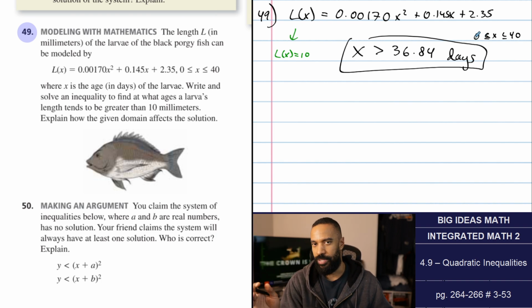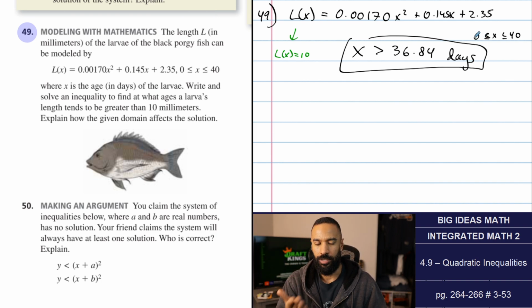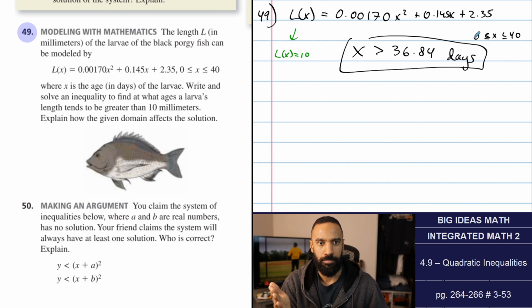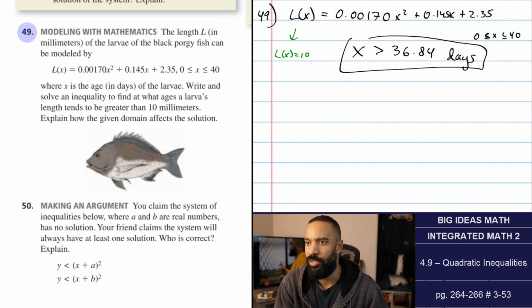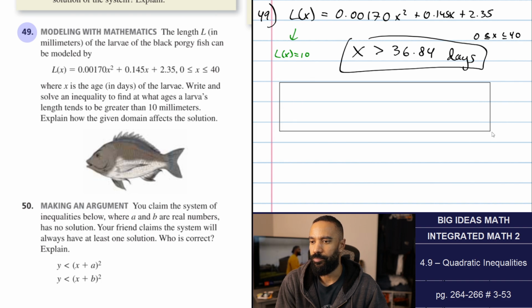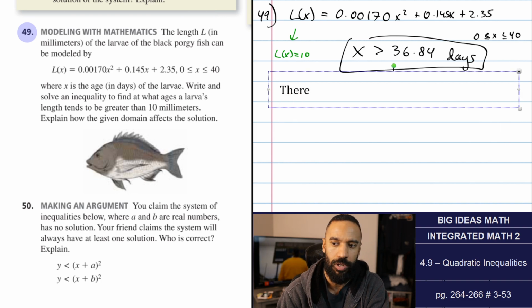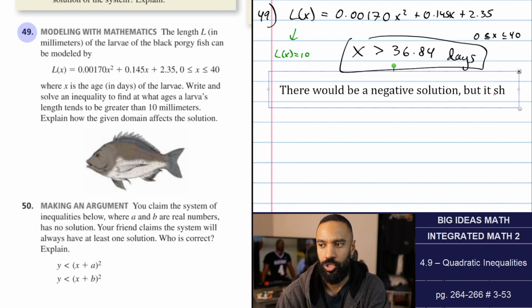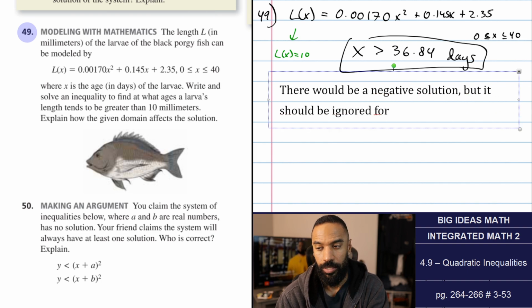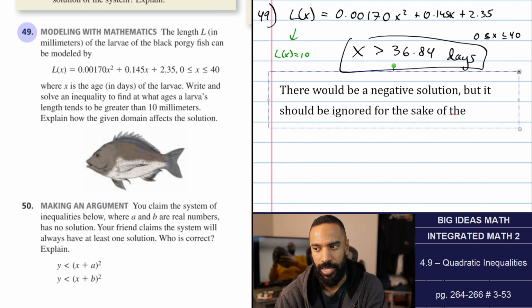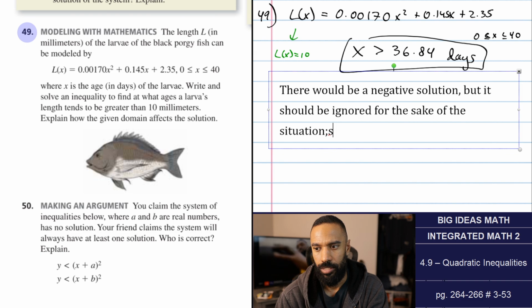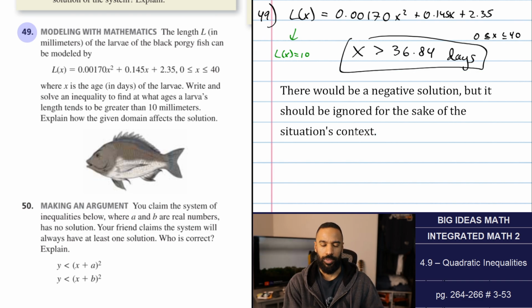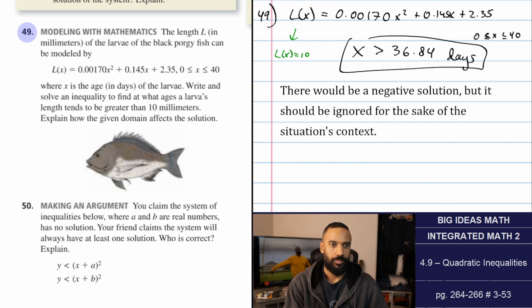There are no negative days for a live porgy fish larva. So there would be a negative solution, but it should be ignored for the sake of the situation's context. So we're only going to deal with that positive solution that we found.